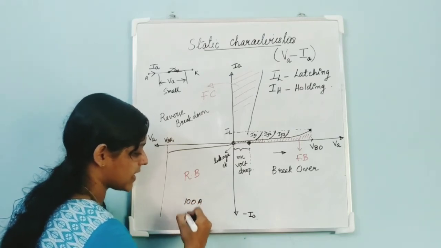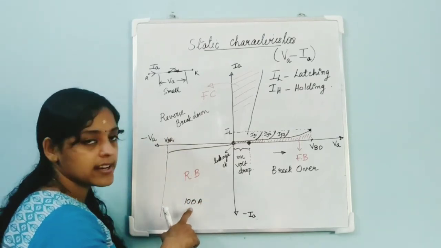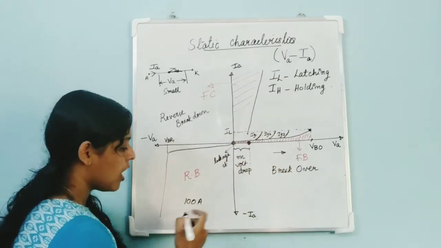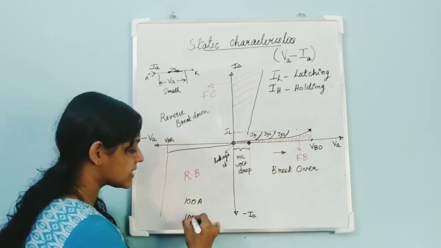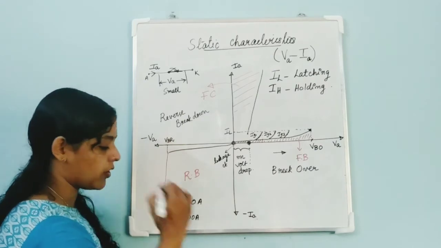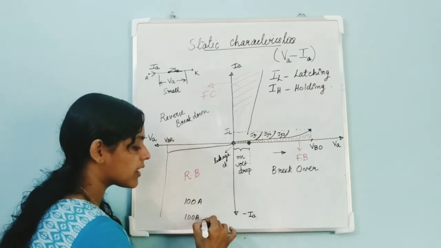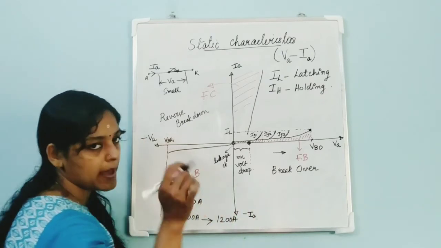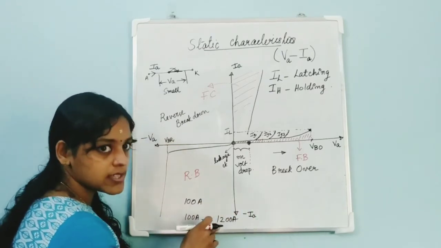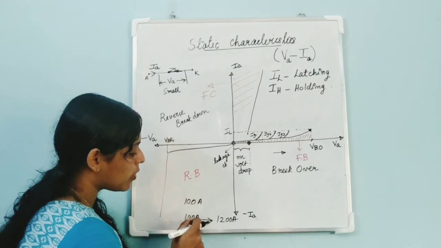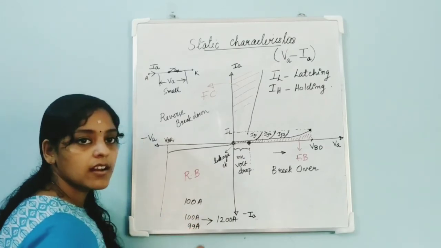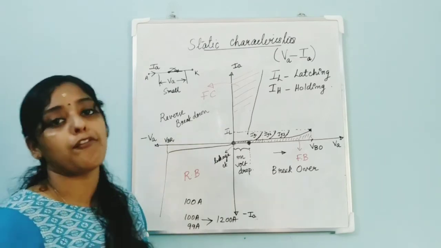This is not an exact value. So when you give the biasing, when the current increases and reaches 100 ampere, the device will be turned on. Once the device is turned on, the current starts increasing and reaches, say, 1200 ampere. But if I reduce this current, and when the current goes below this 100 ampere, say let it be 99 ampere, the device will not be turned off.